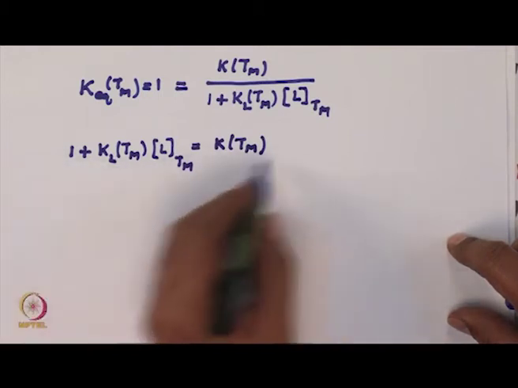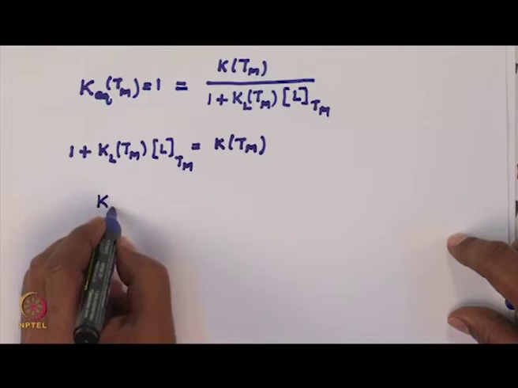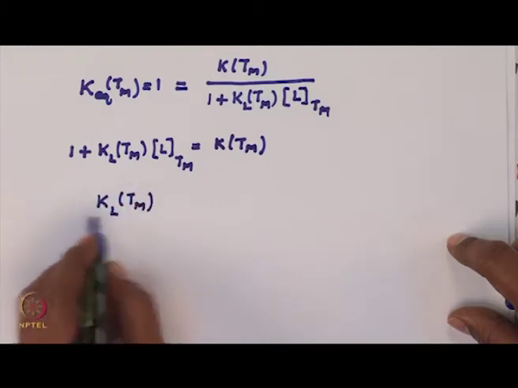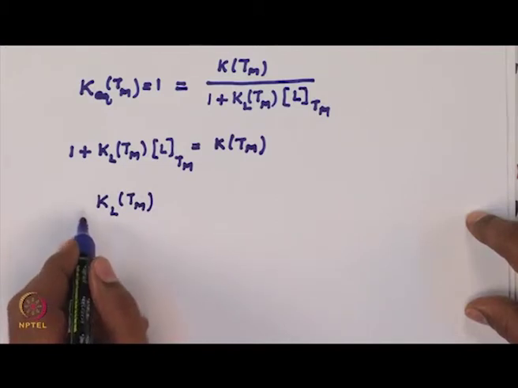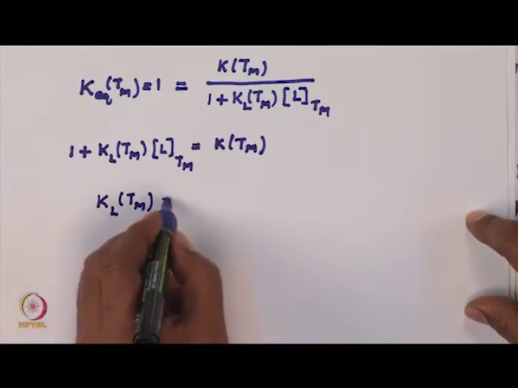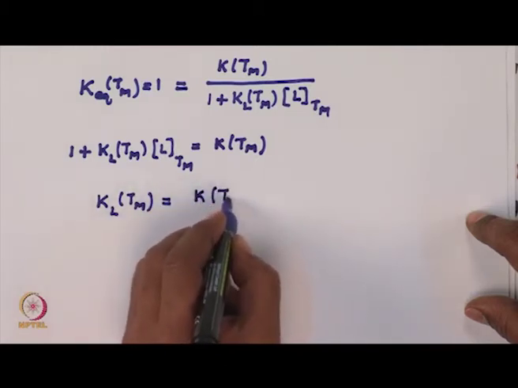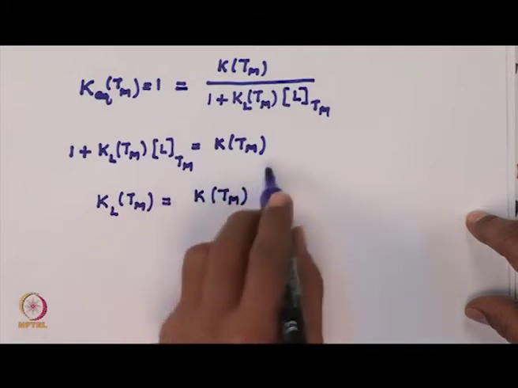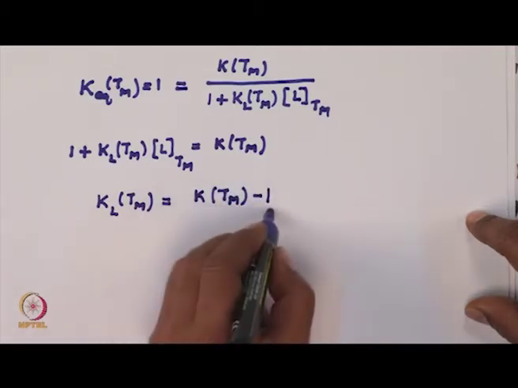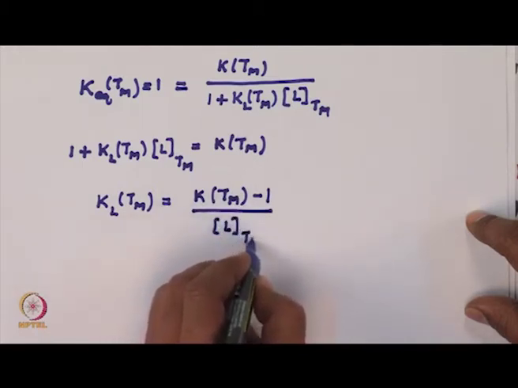And from this I can write Kl, because we are mostly interested in Kl, which is the binding constant associated with the ligand, is equal to K at Tm minus 1 divided by the concentration of L at Tm.